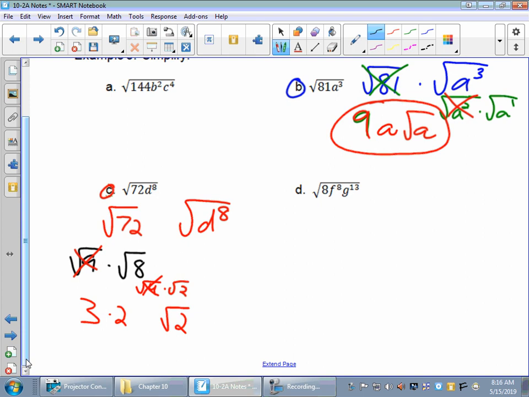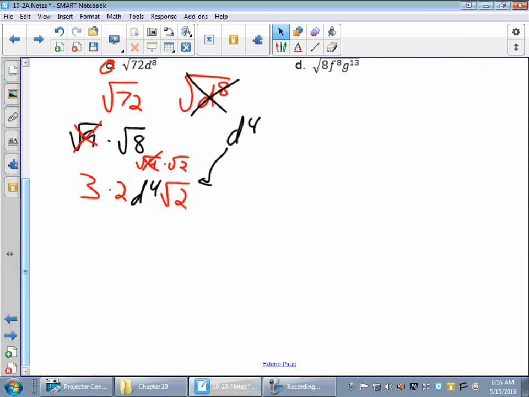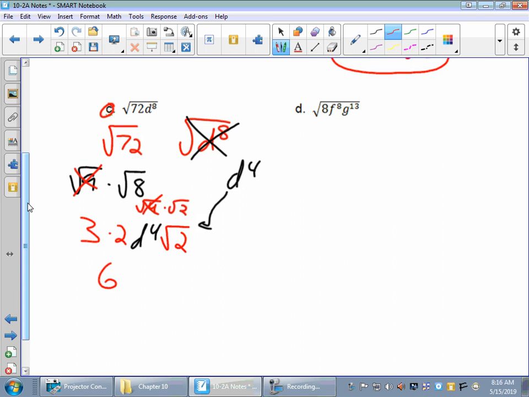We know that this would be a perfect square because it's an even number. It would be d to the 4th. So I can squeeze that d to the 4th right down in here. The only thing I would have to do is multiply this 3 and the 2 to make 6. 6d to the 4th times the square root of 2. Okay? Now that's if you use 9 times 8.